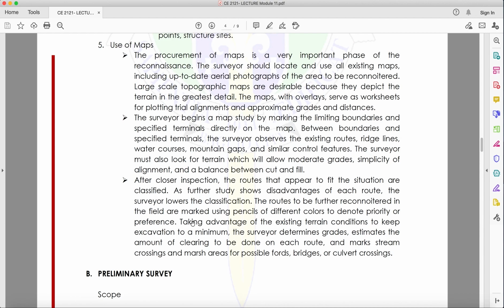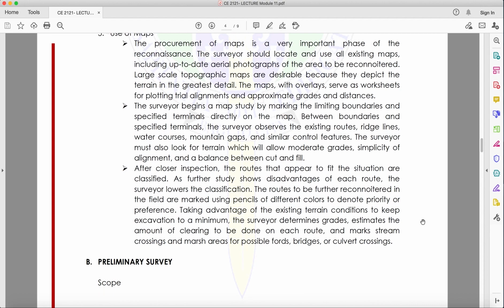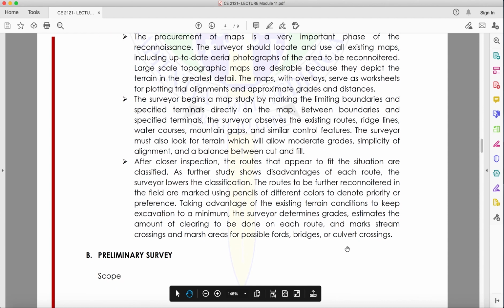So dito tinatanggalan ng surveyor yung mga hindi ganun ka-feasible na gawing kalsada or daanan ng kalsada, and yung mga mas feasible, then yun yung magpo-proceed sa next level of consideration. Okay, so taking advantage of the existing terrain condition to keep excavation to a minimum, the surveyor determines grades, estimates the amount of clearing to be done on each route, and marks stream crossings and marsh areas for possible fords, bridges, and/or culverts.